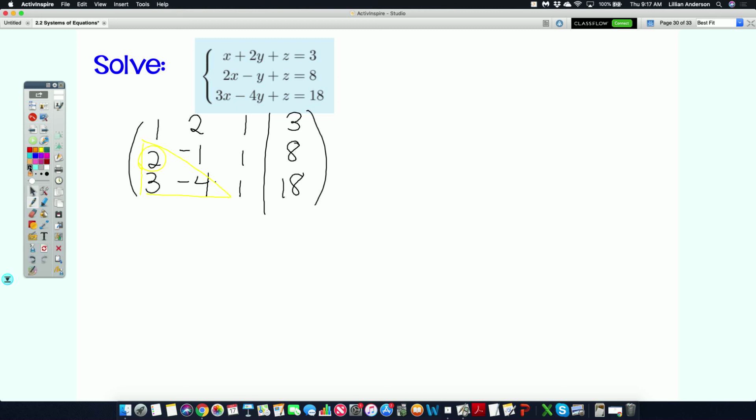Or 2R1 minus R2? Both of those will give me 0, and then it'll give me a different second and third spot. Can I do the second option, with less multiplication? Which was R1 times 2 minus R2?